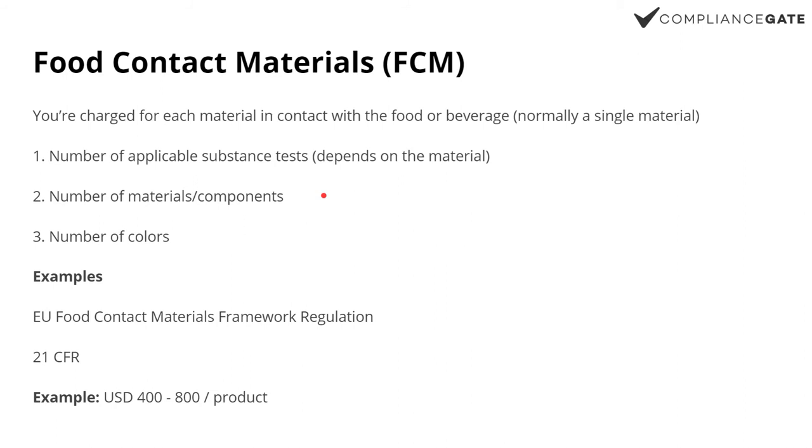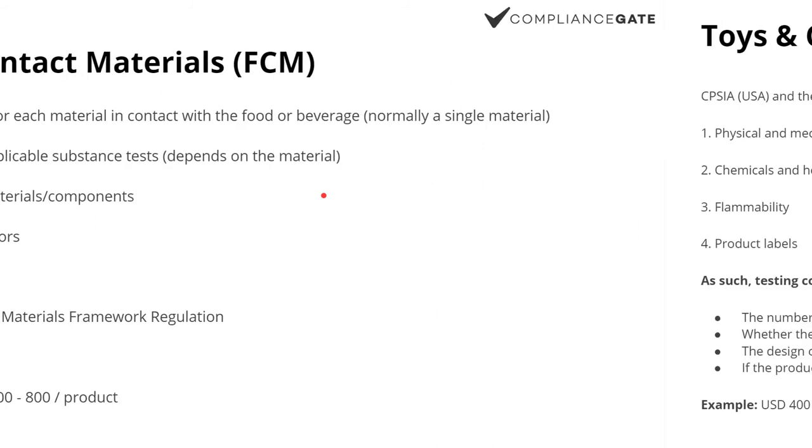In that case, you don't necessarily have to test every single color, because on the outside they are different. What matters when it comes to FCM is really which material, which part is in contact with the food or the beverage. So that's the difference.